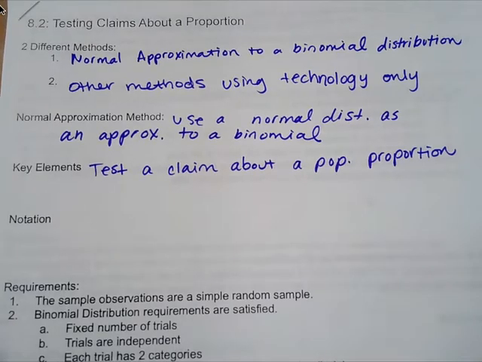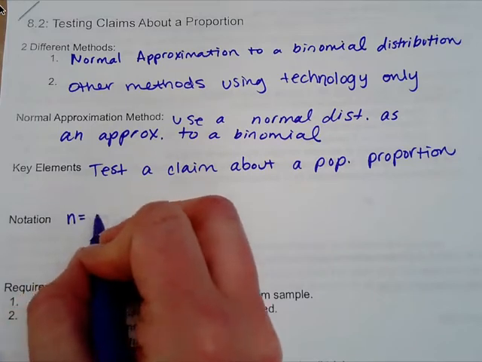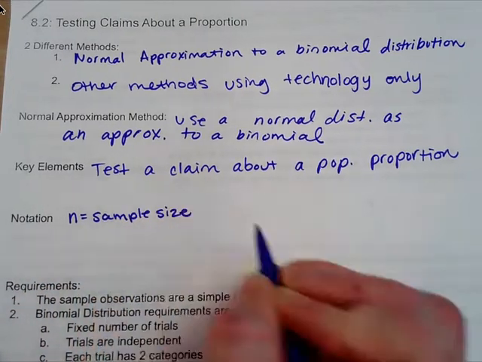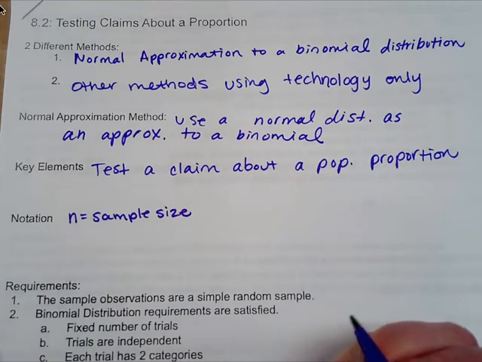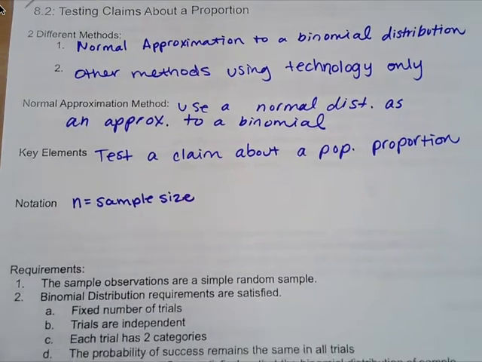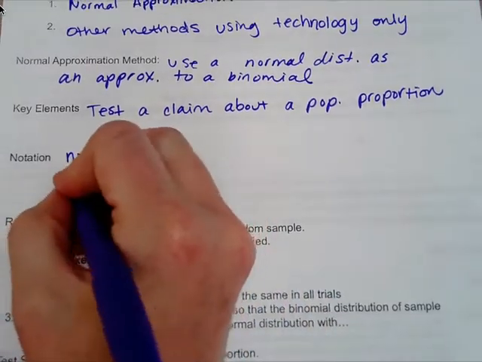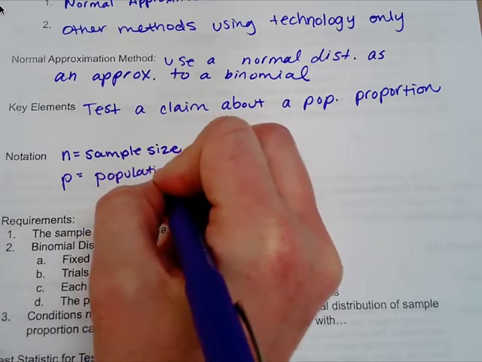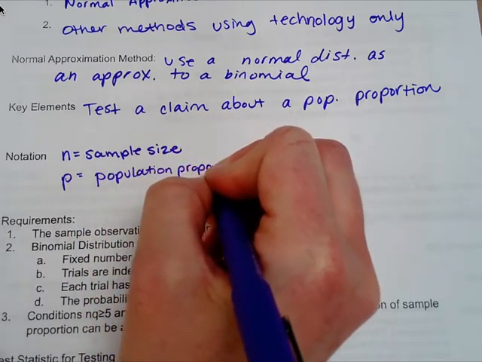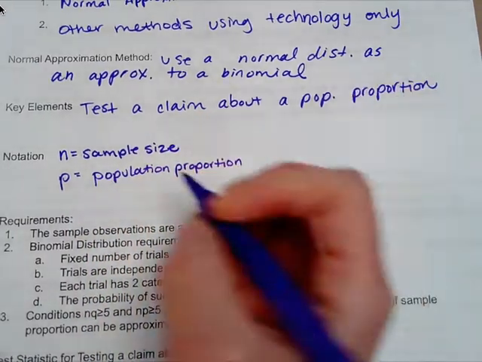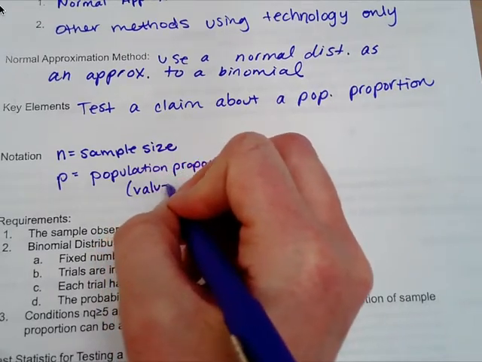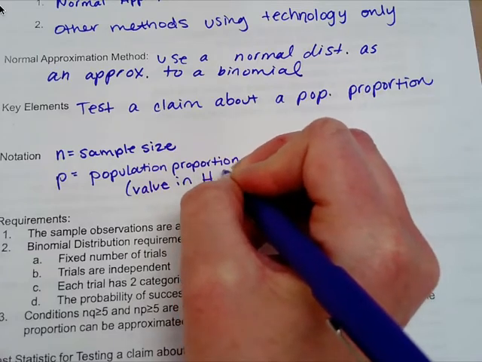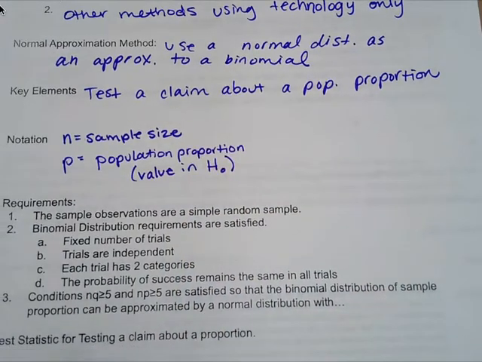So we need to do some notation. N is always your sample size. P is going to be your population proportion. This is the value used in your hypothesis, H0, the null hypothesis.